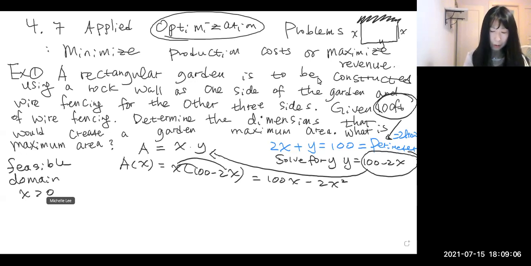And also y is greater than 0, right? Then let's talk about 100 minus 2x. Solve for x, what do you get?